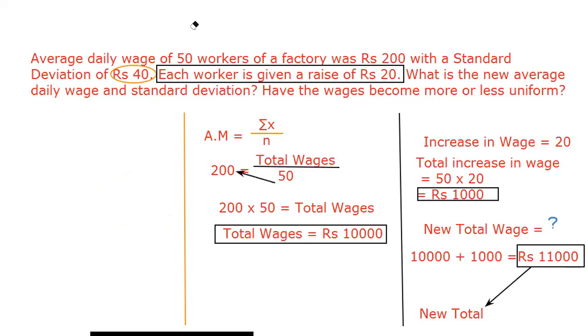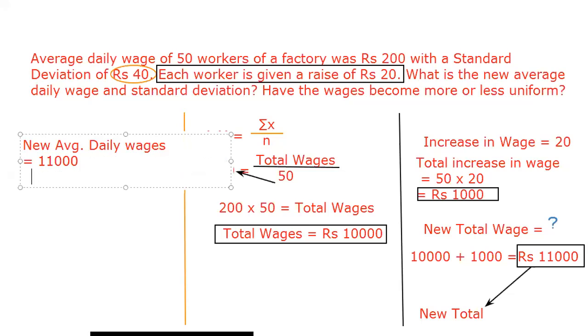So we have to find the arithmetic mean, that is our new average daily wages, which is equal to 11,000 divided by our total number of employees, that is 50.